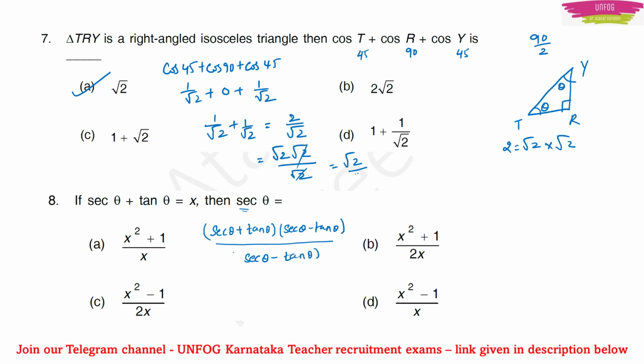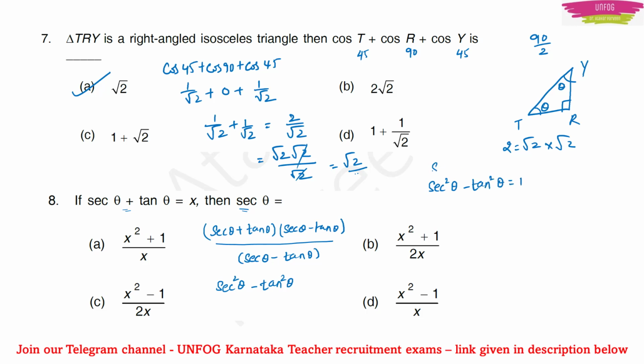I have multiplied and divided by the same expression, something like we do in rationalization. Now, why I have done this: there is one formula, secant square theta minus tan square theta is equal to 1.